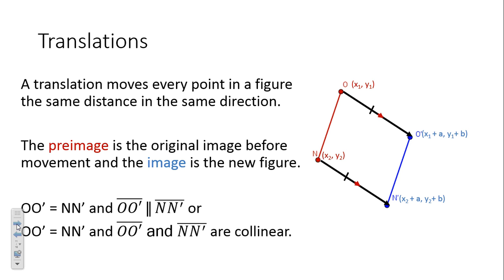So if they move and move along the same track, it's possible that they'll be collinear. Okay?